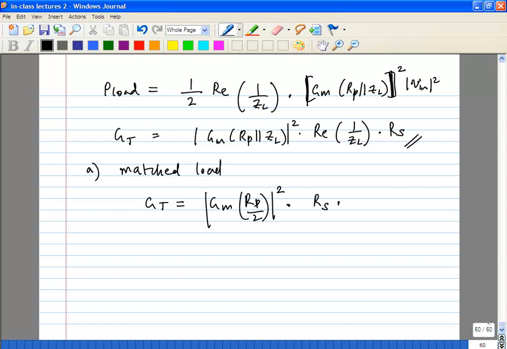And the real part of 1 over ZL is nothing but 1 over RP. Okay, and this also happens to be the available power. Remember, available power was power available at the load under match condition over power available from the source, also under match condition.